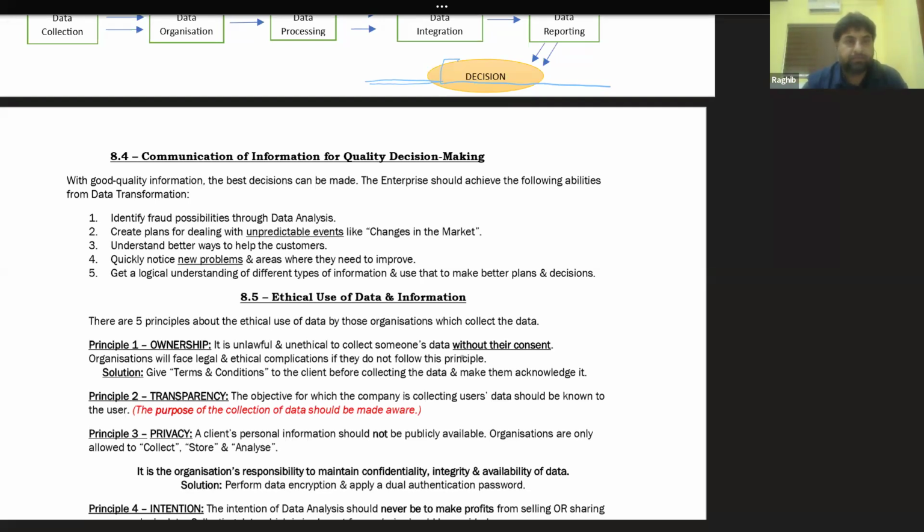As you can see here, the enterprise should achieve the following abilities with data information. These are all actually advantages of using good data.